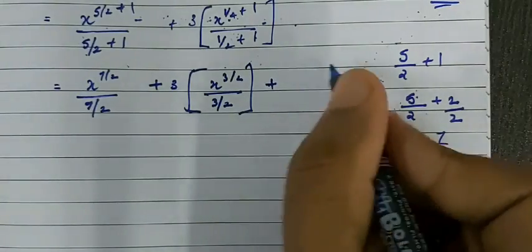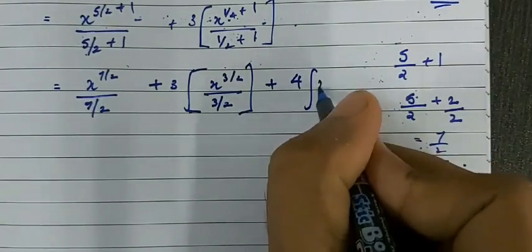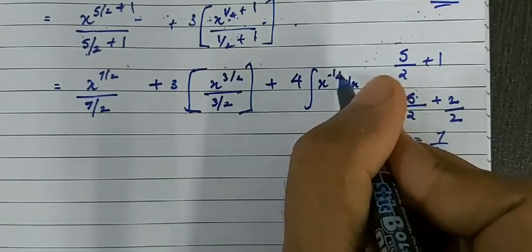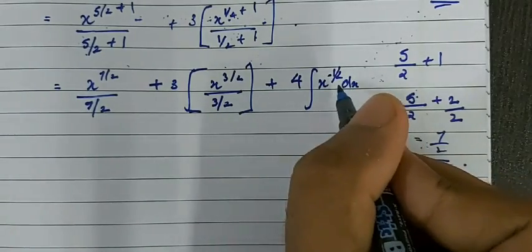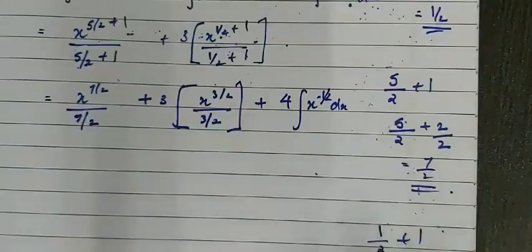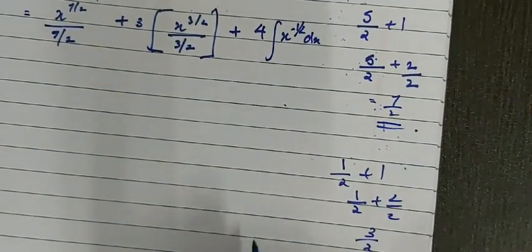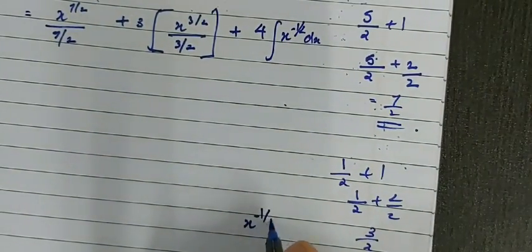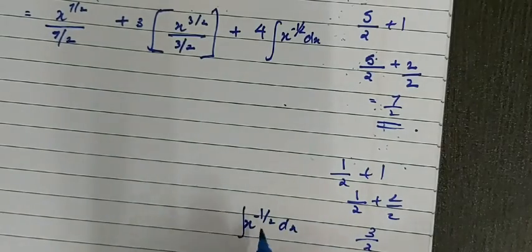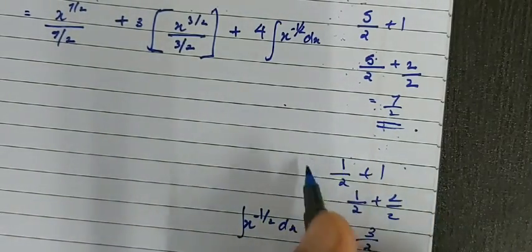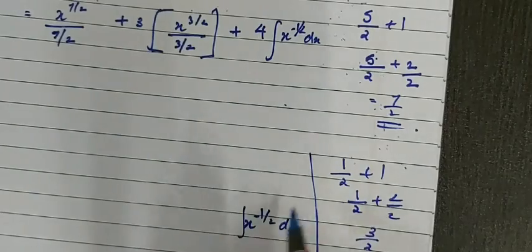Now we move on to this x raised to minus 1 by 2 dx. We can do this separately. Now as we have done here, we are going to add 1 to this x raised to minus 1 by 2.